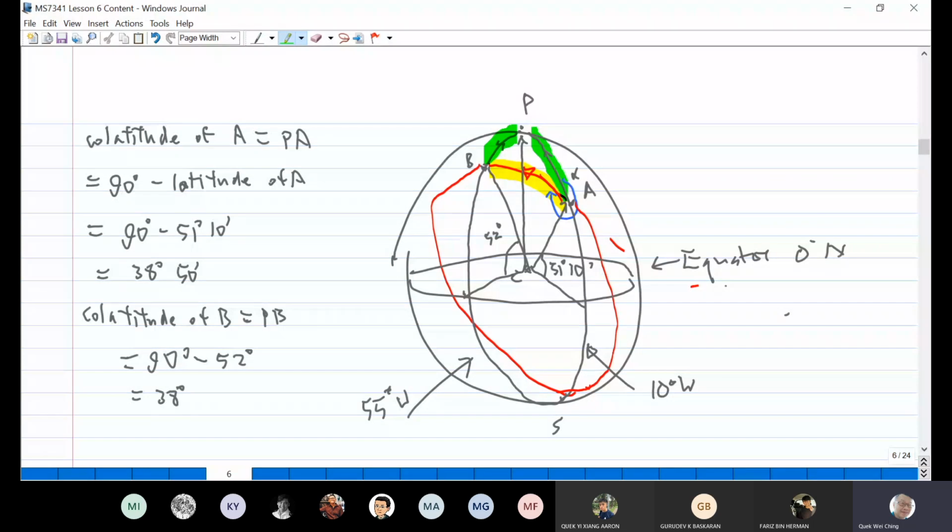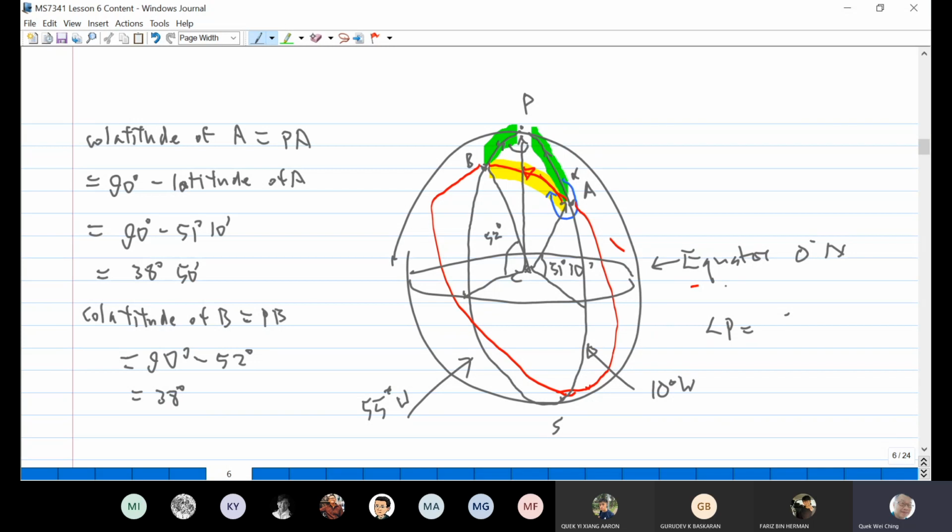Then do you know what is the angle at point P? What is this angle actually? It is the difference between the longitudes. So angle P, the shift moves from 10 degrees to 55 degrees, right?